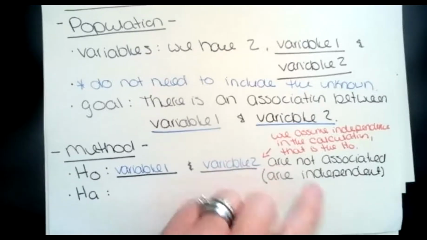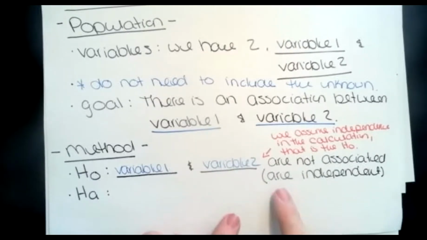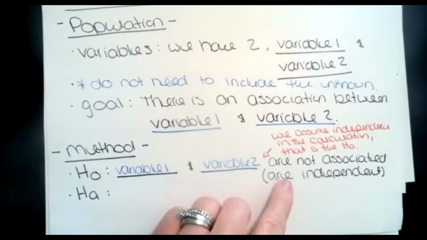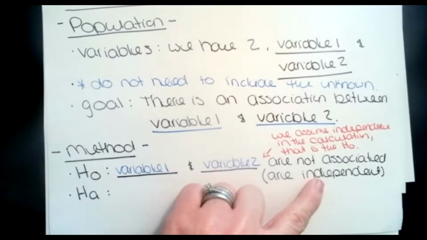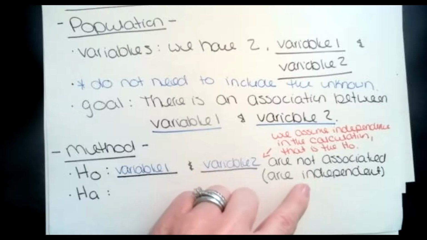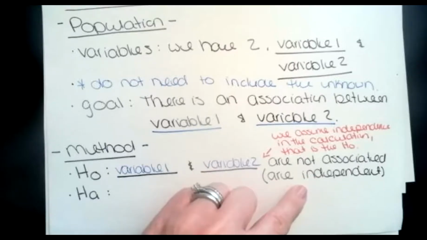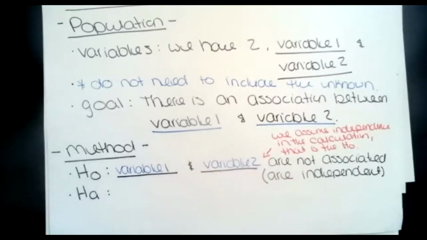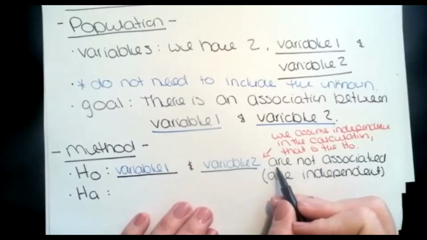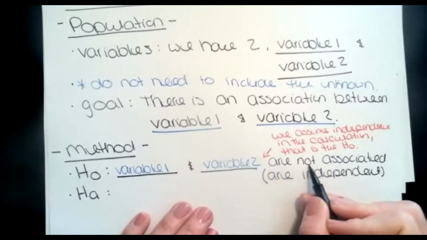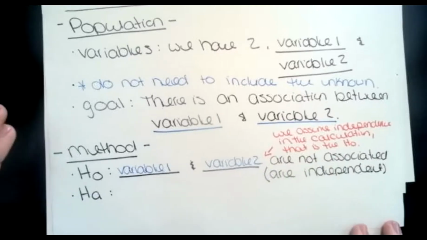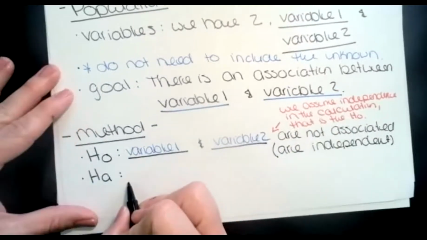When you say are not, you think it does not equal. So if you are in that mode of thinking and you want to keep it as it is something, then you can call it that they are independent. Remember, independence, one does not change the probability of another, right? Or you could call it, they are not associated, whatever you want to call it. Either one works for me.